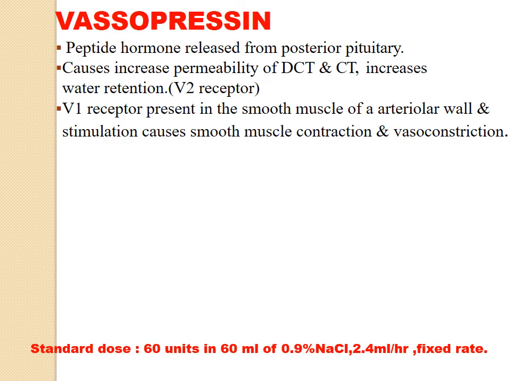Vasopressin is a peptide hormone released from the posterior pituitary. Vasopressin increases the permeability of the distal convoluted tubule and the collecting tubule, so that it increases water retention through the vasopressin 2 receptor, whereas the vasopressin 1 receptor, which is present in the smooth muscle of the arterial wall, causes smooth muscle contraction when stimulated.